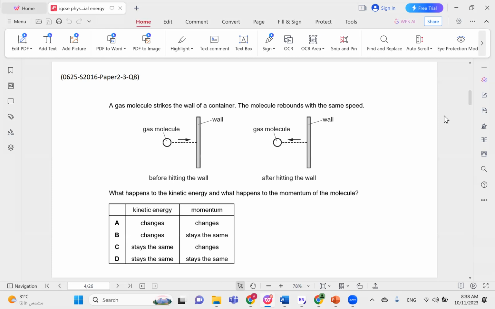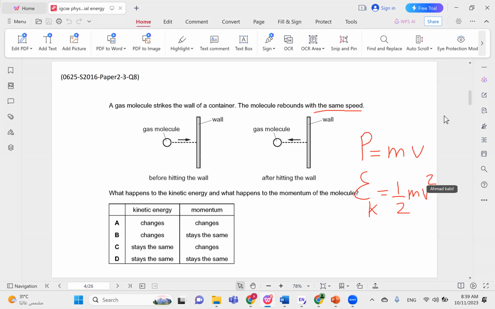We are given in this question that the molecule rebounds with the same speed. Just a brief reminder, the momentum of an object, which some people use the letter P to denote, is equal to mass times velocity. The kinetic energy of an object is equal to half times the mass times the velocity squared.